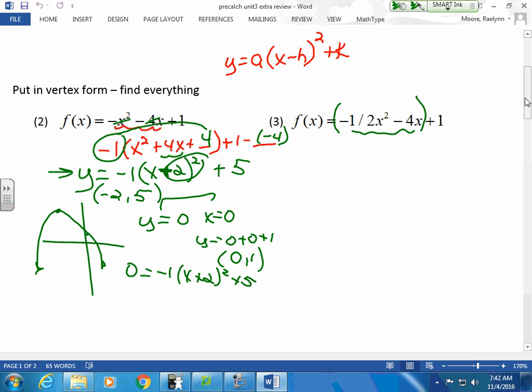What should I factor out? A negative 1/2. If I take out a negative 1/2, this becomes a positive. Remember, when you took out a 2, you divided by 2. When you take out a 1/2, you divide by a 1/2. If I'm going to take something like 4 and divide it into halves, shouldn't I get a larger number? That's because your fraction says keep change flip.